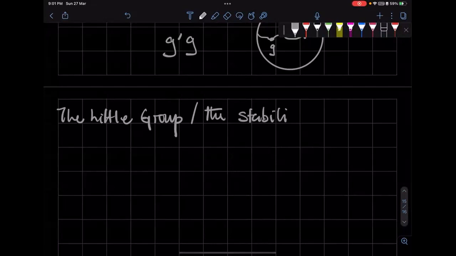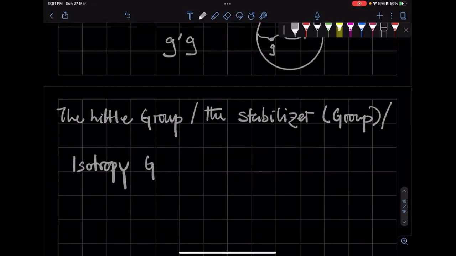Sometimes it's called the stabilizer, sometimes the stabilizer group, so I'm going to put the group in a bracket. It's also called the isotropy group, not to be confused with the isometry group. So these are the different names of this object.